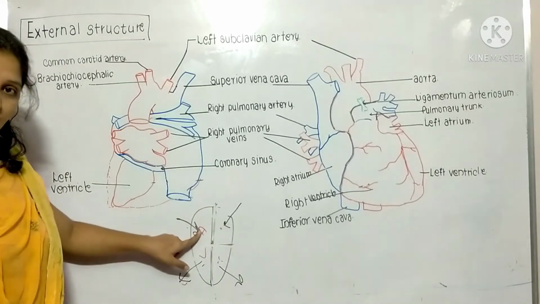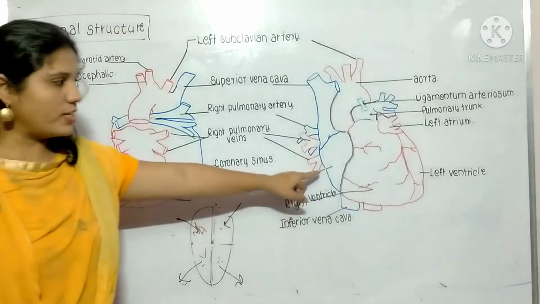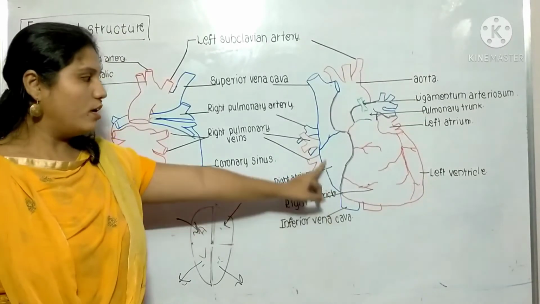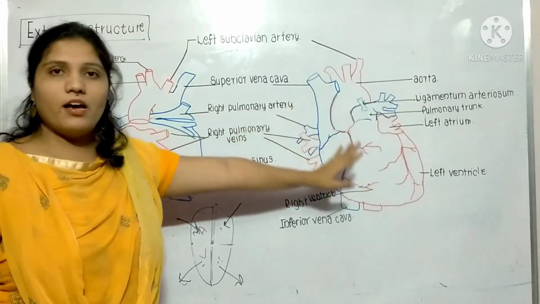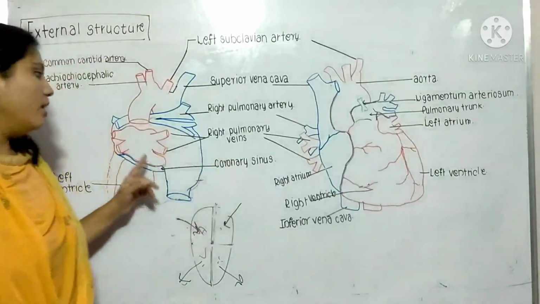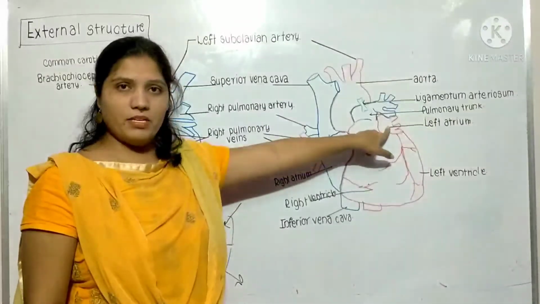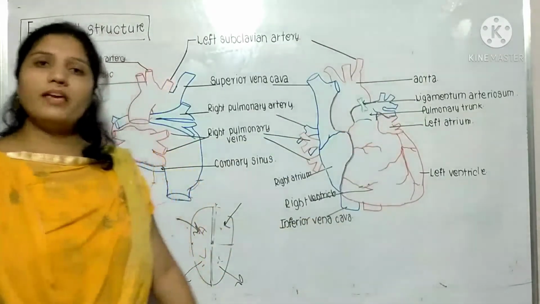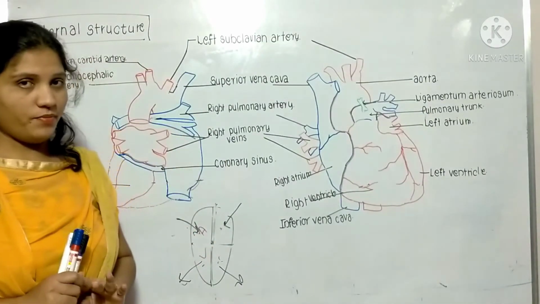The right atrium carries deoxygenated blood, so that's why I have shown it in blue color. It carries deoxygenated blood from the superior vena cava, inferior vena cava and coronary sinus. The left atrium carries oxygenated blood from the pulmonary veins.